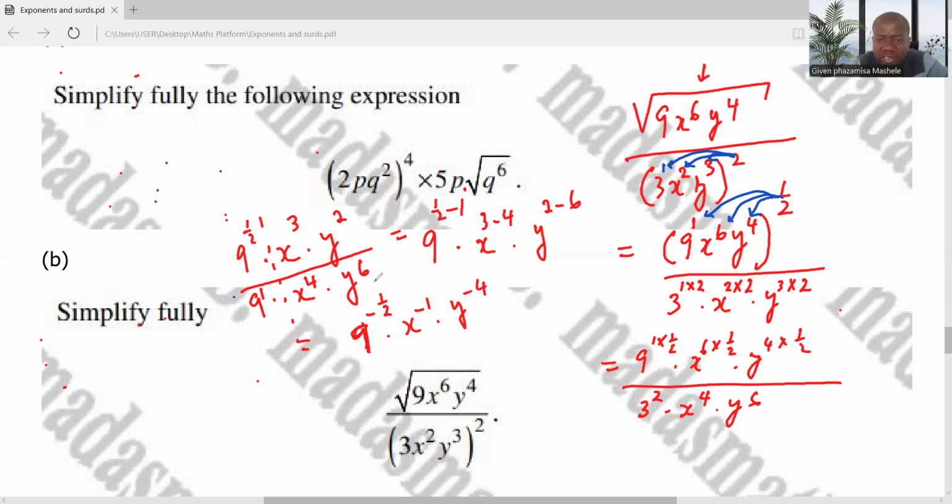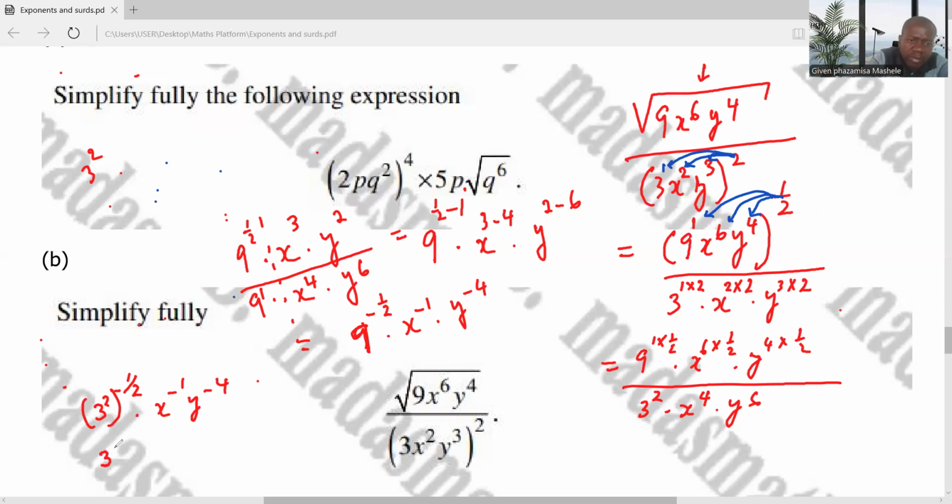You see that we have expressions that have negative powers. But before we do this, let's expand 9. 9 is the same as 3 squared. So you can say this is the same as 3 squared, everything to the power minus half, x to the power minus 1, y to the power minus 4. Now we can multiply 2 with minus half. What is 2 multiplied by half? It's 1.